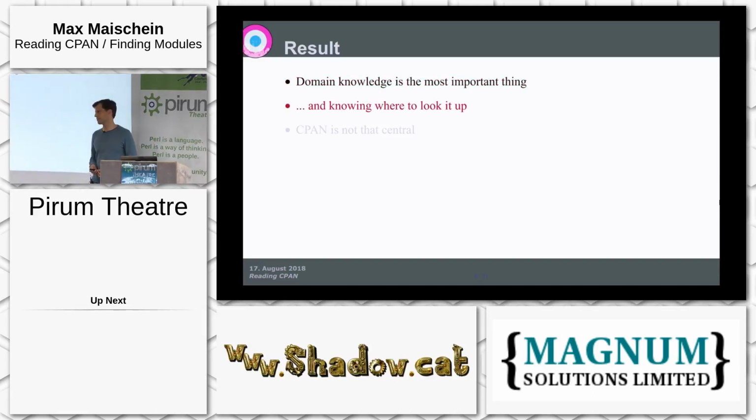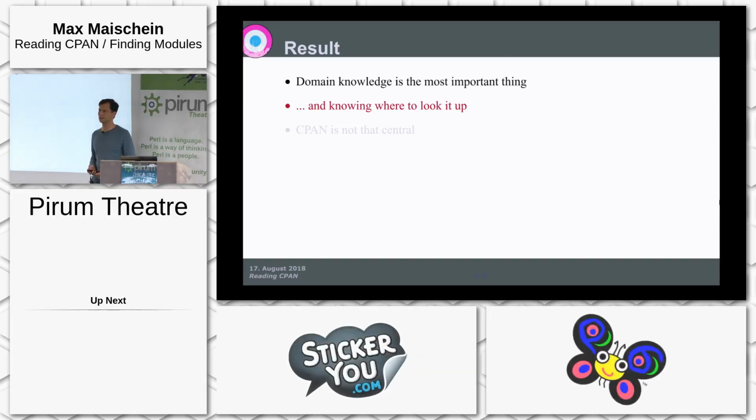So you will have to learn about the domain you are attacking before you can properly decide on a module that you're going to use to solve this problem. CPAN itself is then just the way of getting the module, but you have a lot of work to do beforehand.